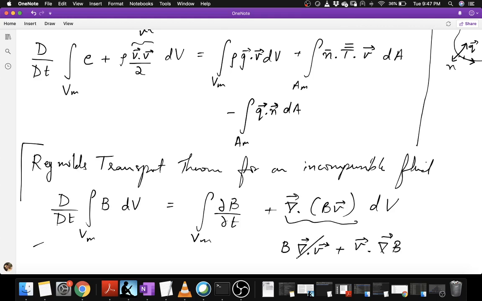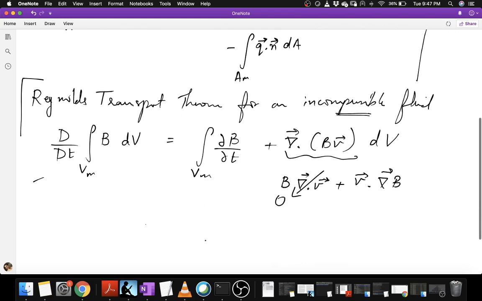And now we know the divergence of the velocity is 0 for an incompressible fluid. Yes? And then if we combine v dot gradient of b with dou b dou t, we see that this is simply the substantial or material derivative, but now inside the integral.